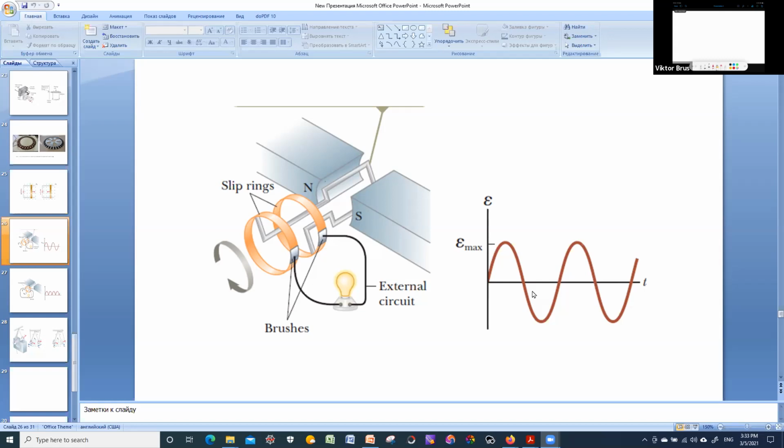And the frequency of such a signal, which is 1/T, the period of the signal, for European countries and in particular in Kazakhstan, is 50 hertz. In the United States, for instance, the amplitude voltage is about half, like 110 volts, and the frequency is higher.